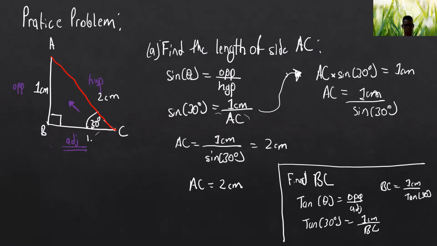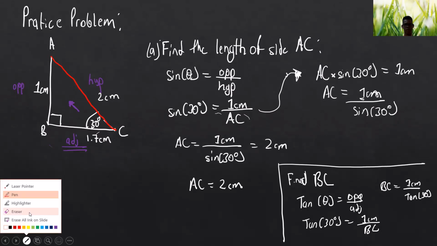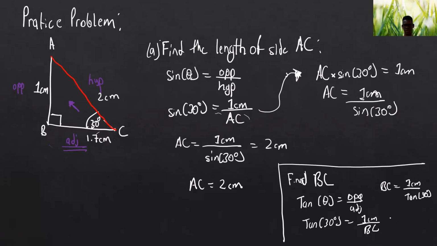We got about 1.7, right? I'm going to use it as 1 decimal place. Good. So now we can find the other side.